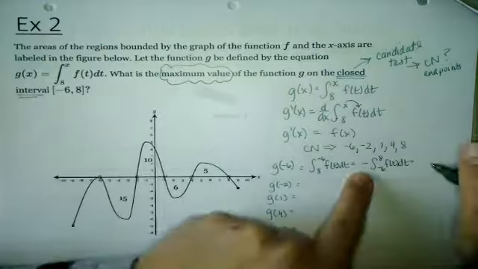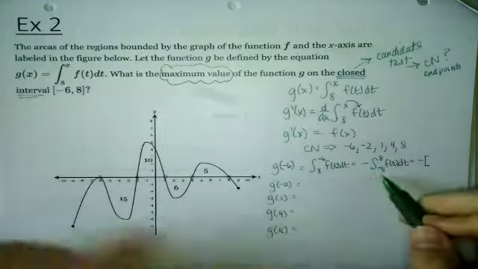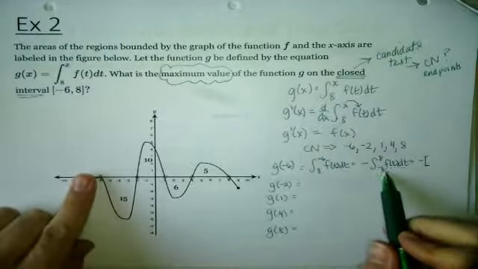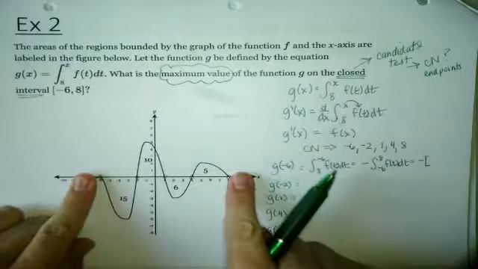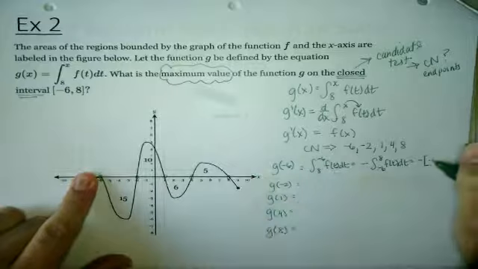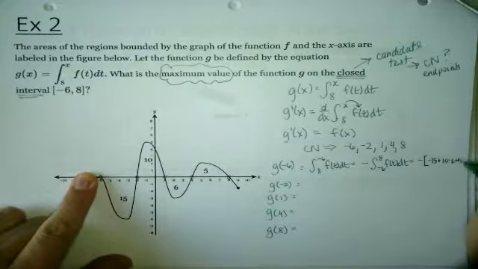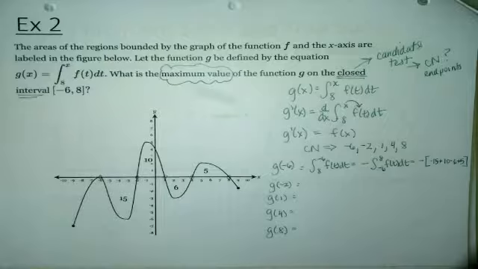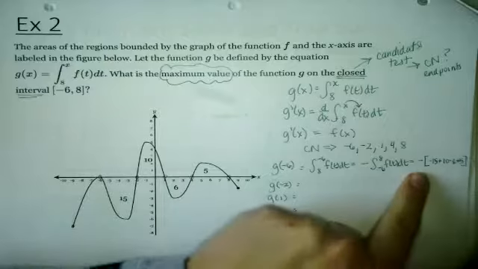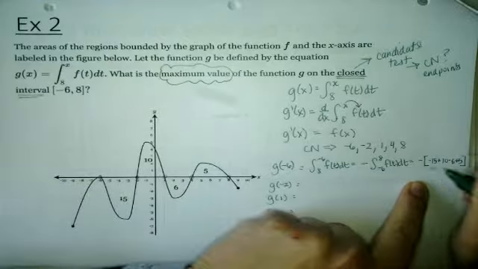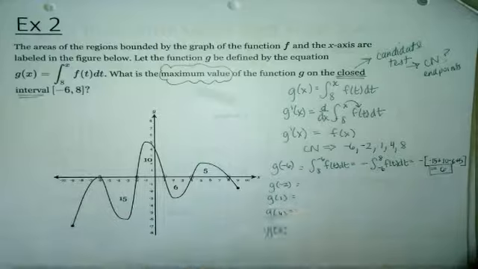And so there's a negative out in front. And what is the sum of the areas from -6 to 8? Well, that would be a -15 plus a 10 minus a 6 plus a 5. And I think I get 6.